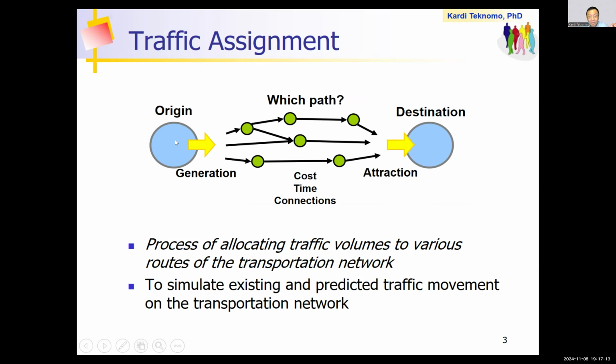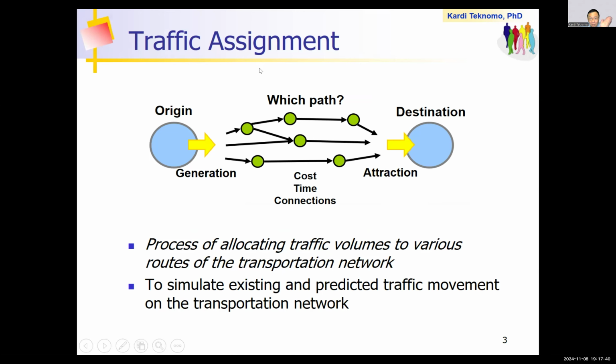You already know how many trips from origin to destination in PCU per hour. This is no longer bus, no longer car, but already in a standard unit, so we call it passenger car units, which you converted a while ago in that practice. And of course you know the time, the cost and the number of connections.